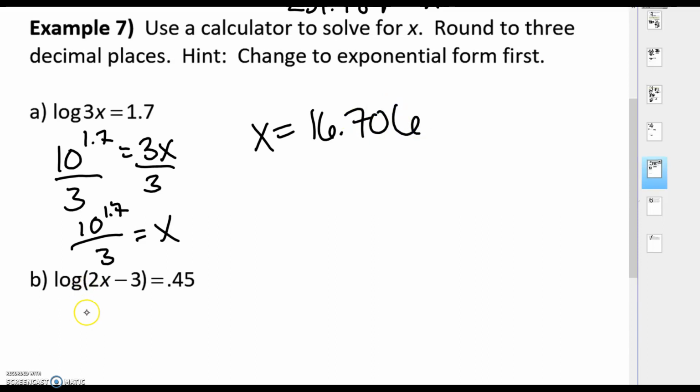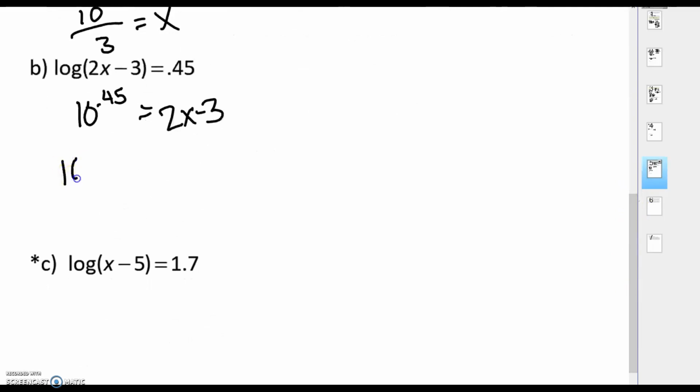Okay. We keep doing that over here. Again, our unwritten base here is 10, so 10 to the 0.45 equals 2x minus 3. I'm going to add 3 to both sides. So I have 10 to the 0.45 plus 3 equals 2x. Divide both sides by 2.